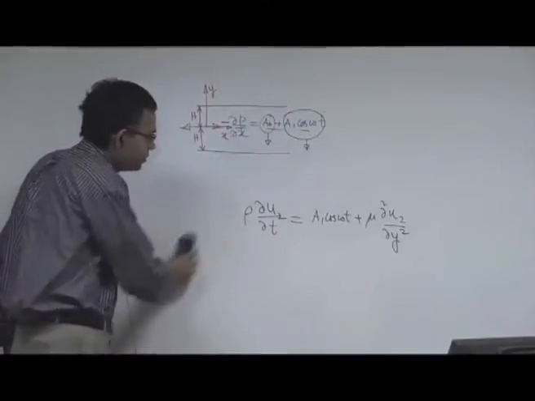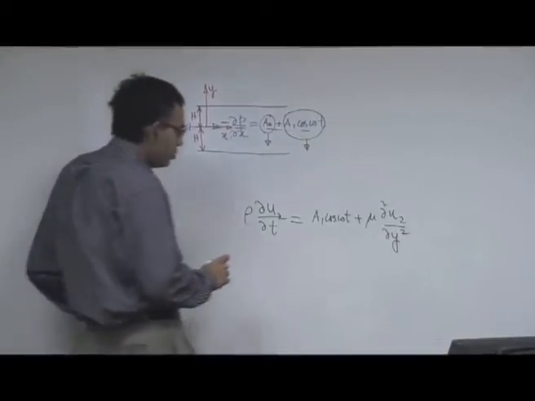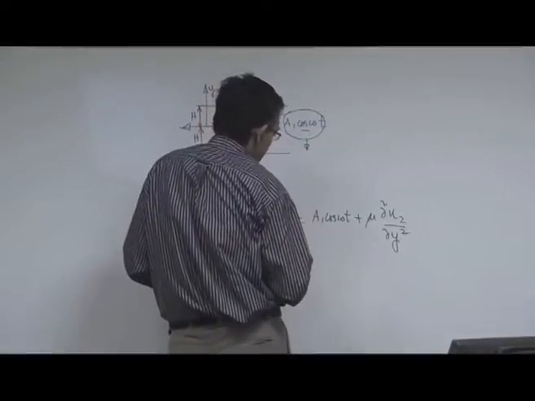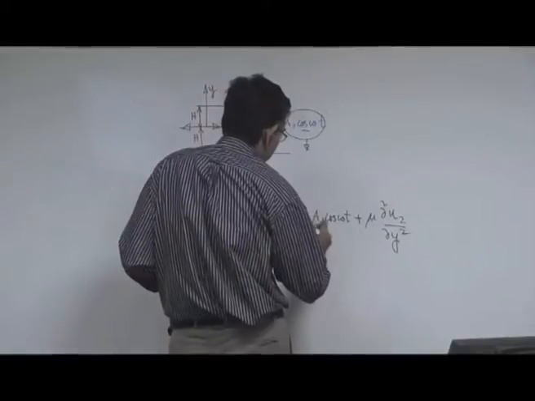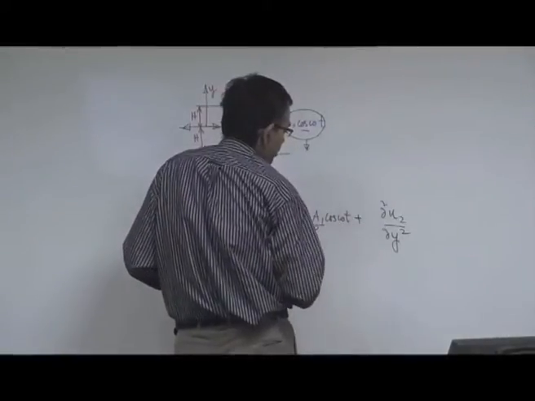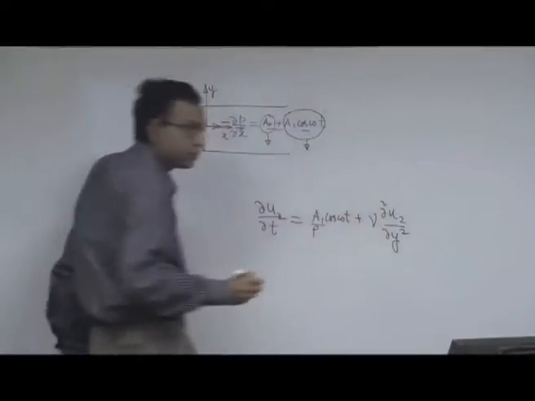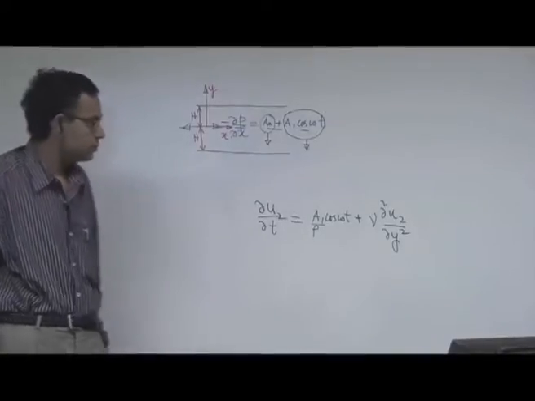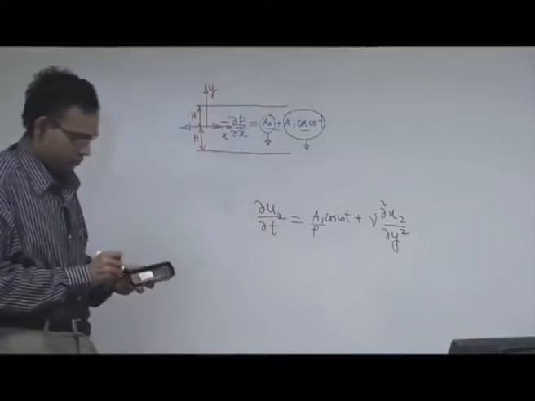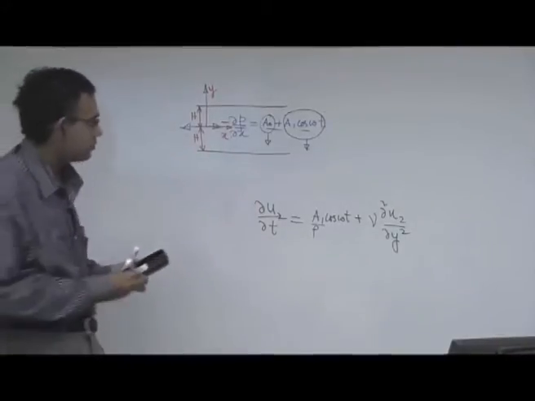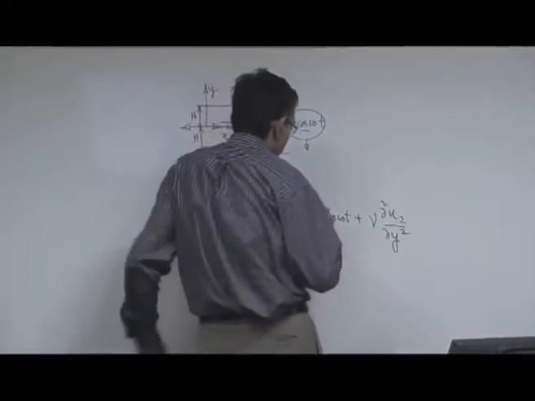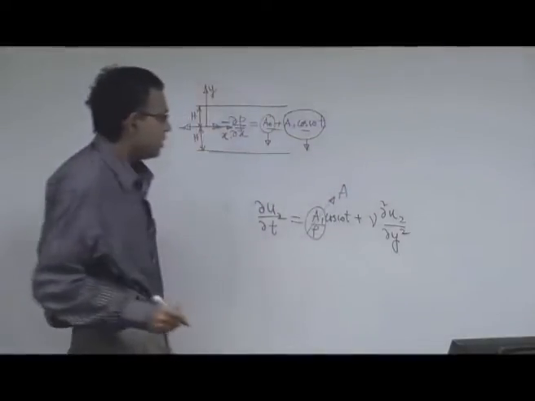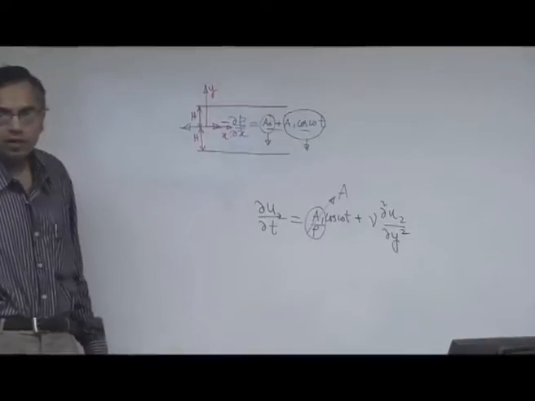So, to understand that we divide first both sides by rho. So this becomes A1 by rho and this becomes the kinematic viscosity. We just give a new name to this as capital A, which is A1 by rho.